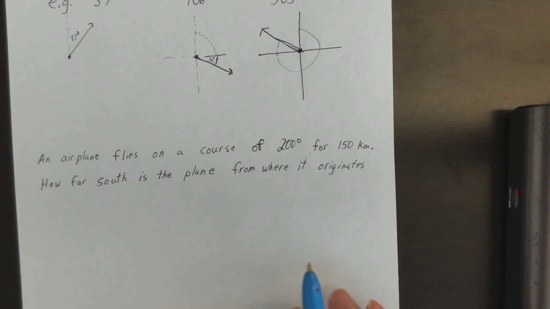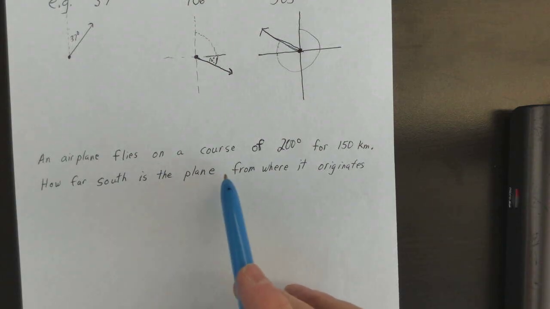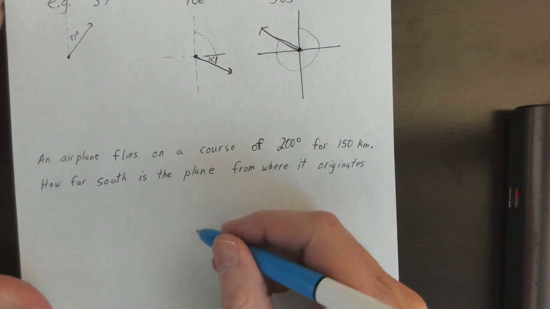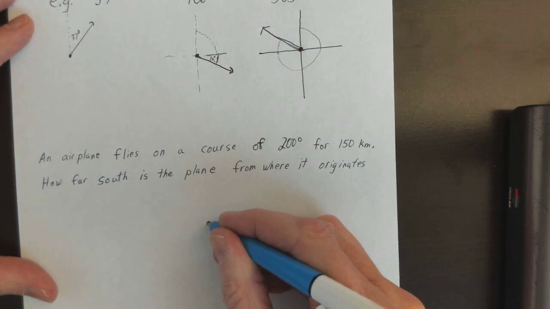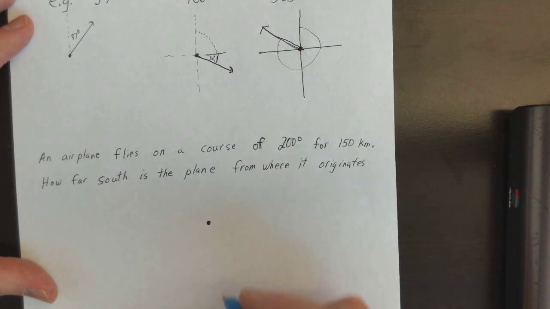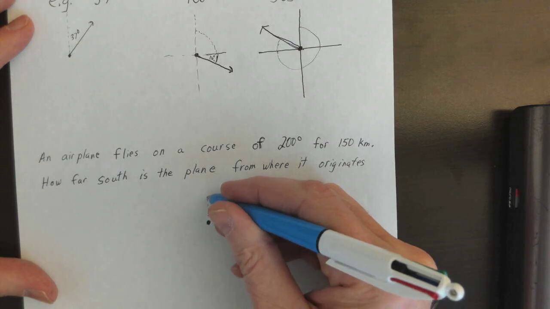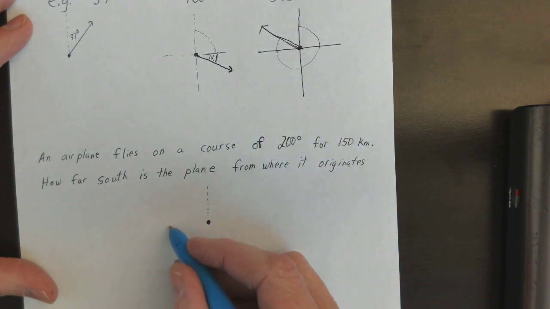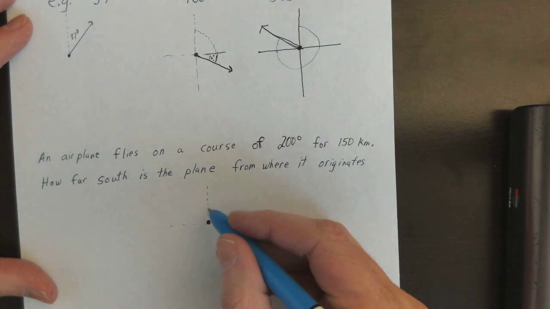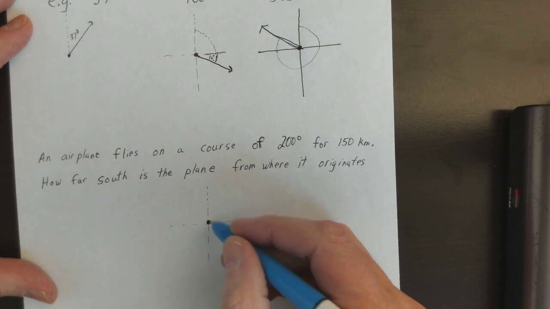So, an airplane flies on a course of 200 degrees for 150 kilometers. How far south is the airplane from where it originates? All right, here's where it's originated. Here's kind of the north line that we're going to measure off of. And we're going to go 200 degrees.